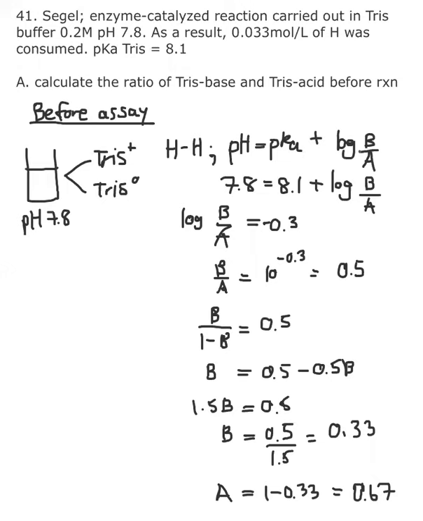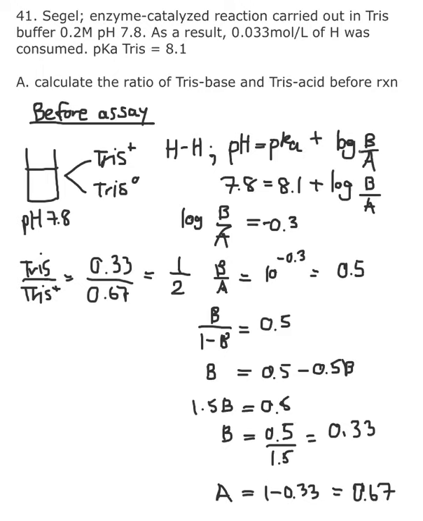So the ratio between Tris base and Tris acid is equal to 0.33 divided by 0.67. So it's 1/2. And so that is the ratio.